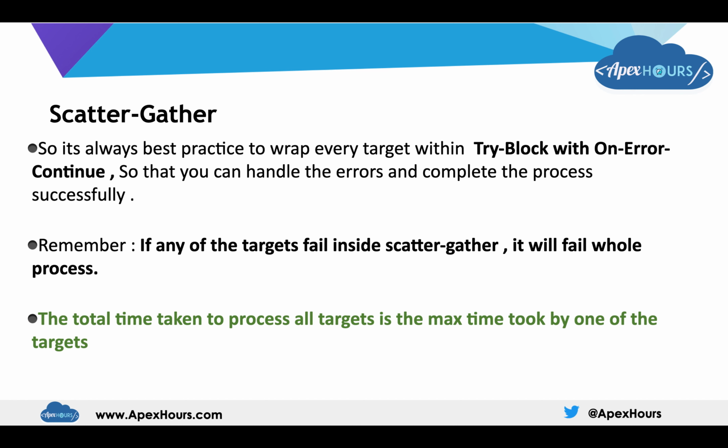Then the time taken to execute this scatter gather and get all the responses is whichever has the highest response time, which is the fifth target at 3 seconds. It's not the combination of 1 plus 1 plus 1 plus 3. It's always the maximum, because by the time the other targets are also processed, since it is processing concurrently.